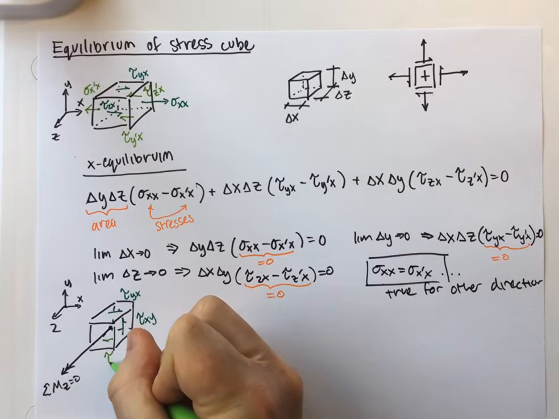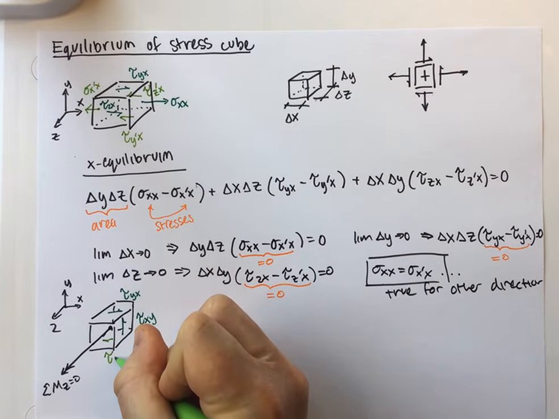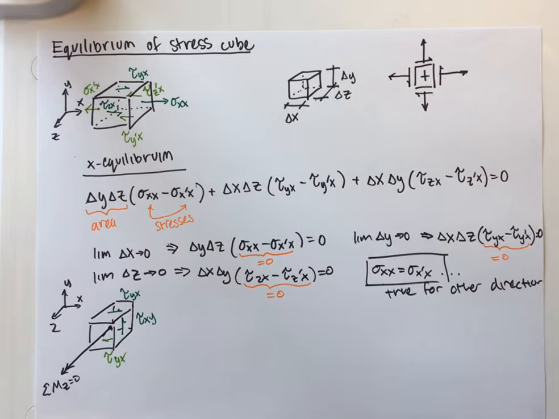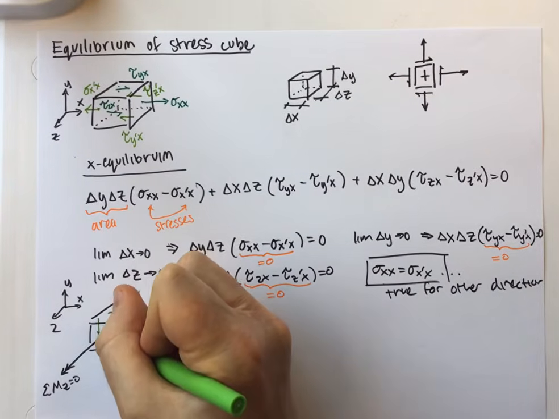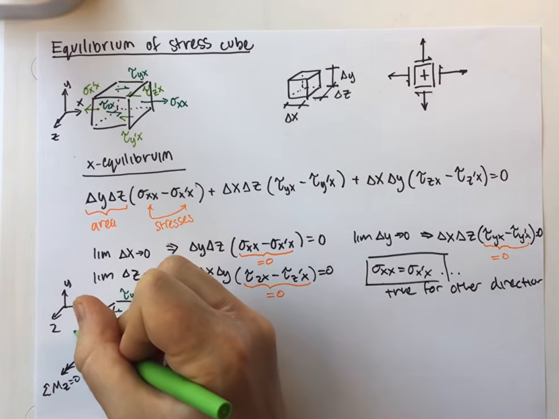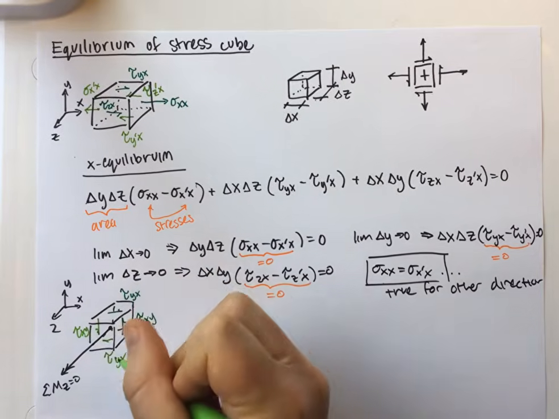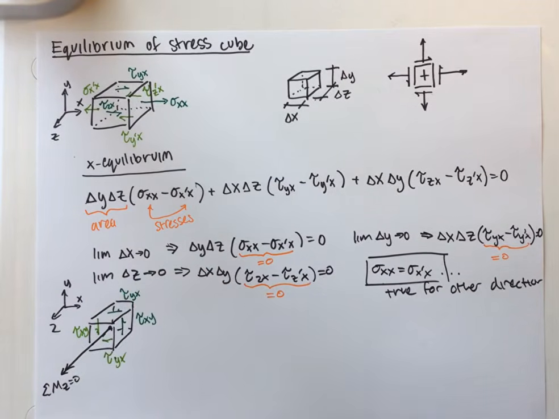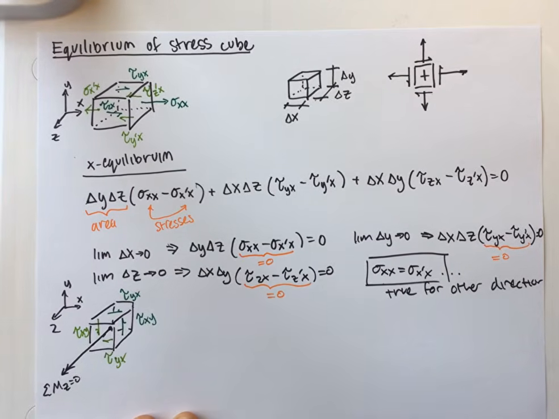That's tau yx, and we're going to have this one coming down, and that one is tau xy. So those are equal and opposite. You can see the light green ones, those are on the back side of the cube. And you can see that if we take the moment about the center of the cube in the z direction, none of the other components contribute to that moment.